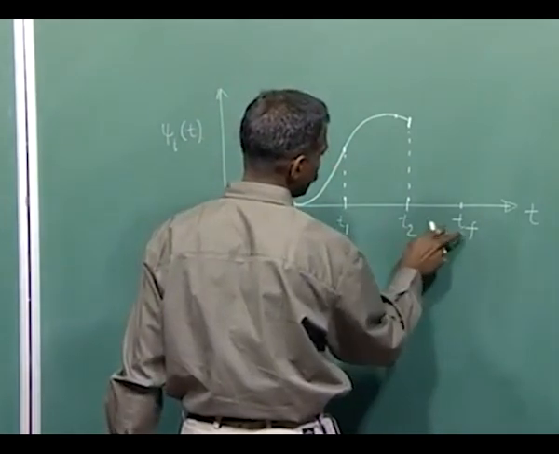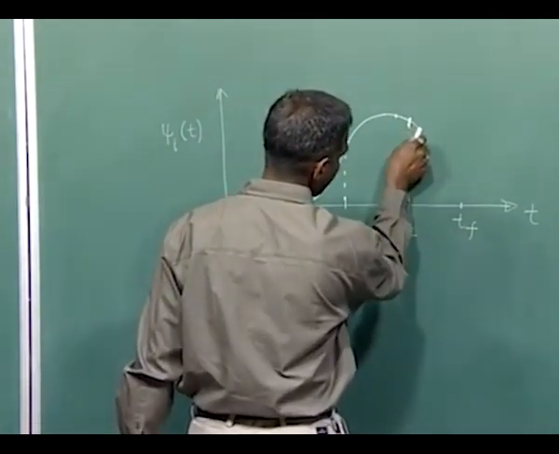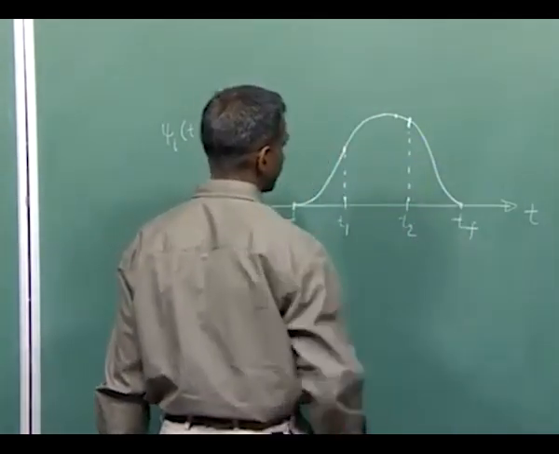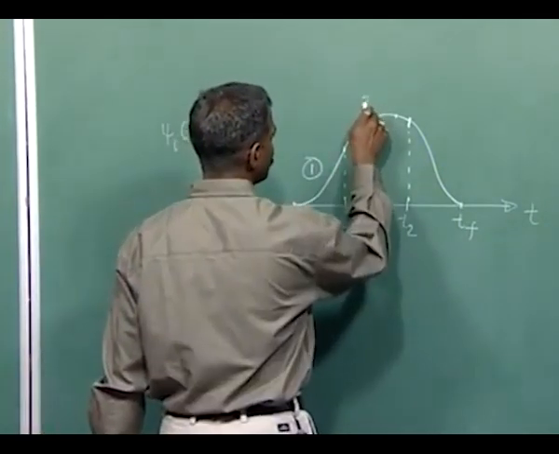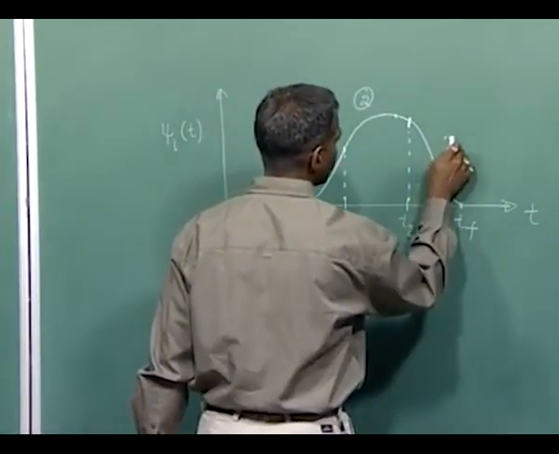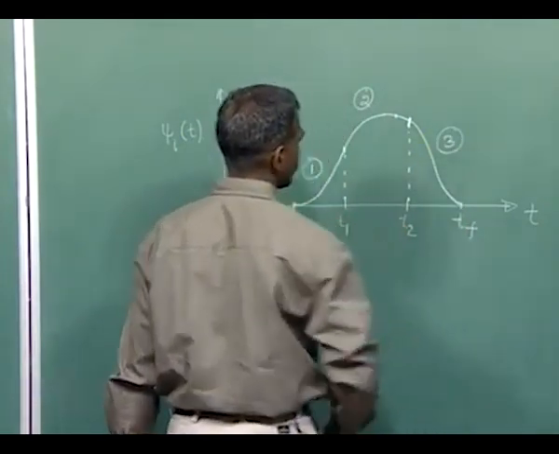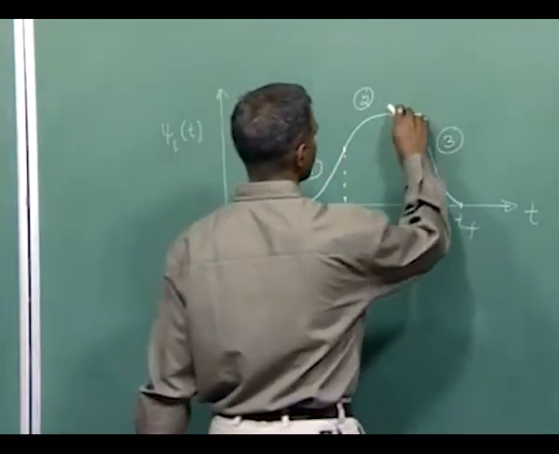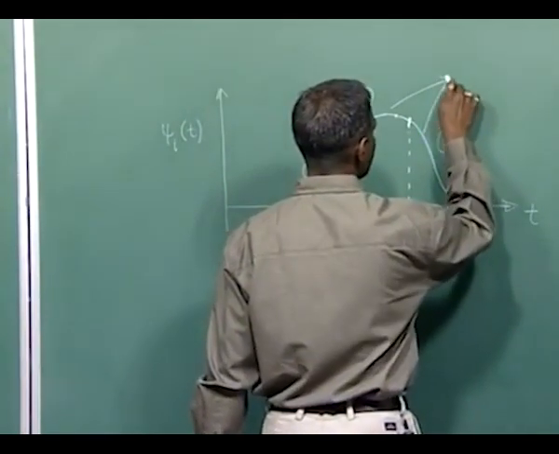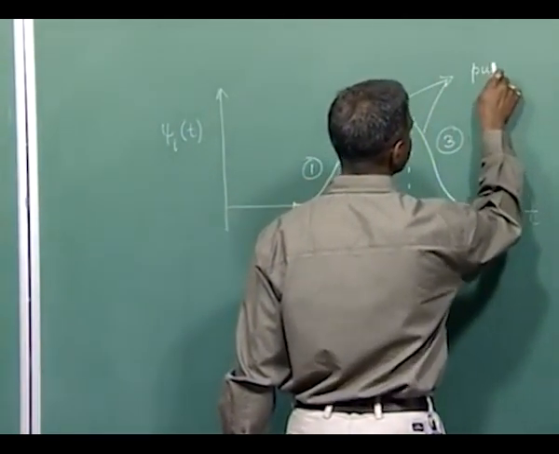And in between T2 and Tf, I construct the third segment. Segment 1, segment 2, segment 3. Each of these segments will be pure polynomials.